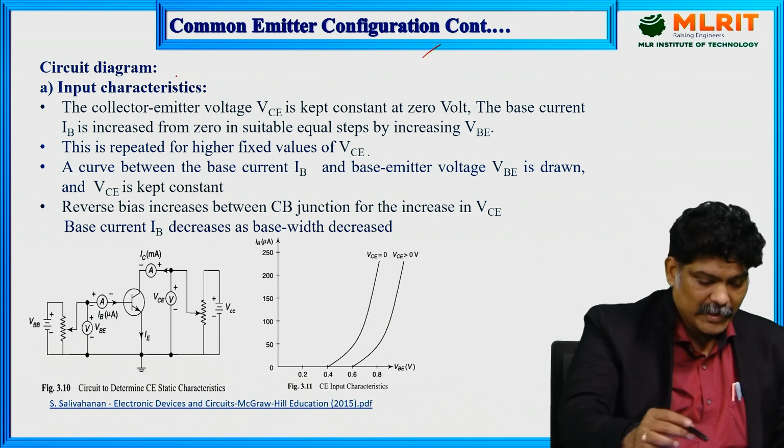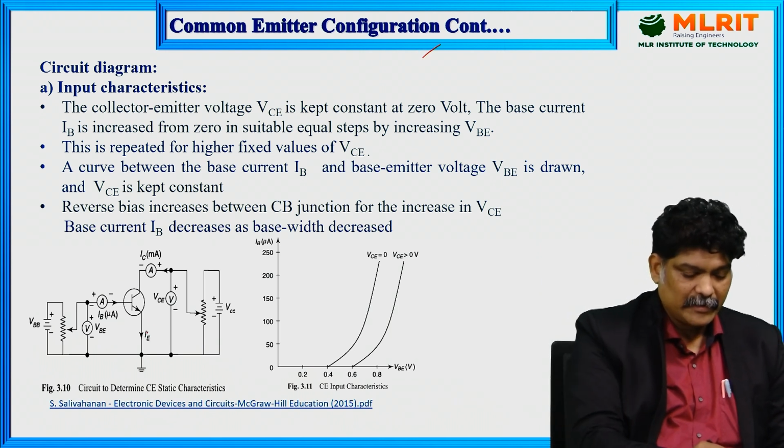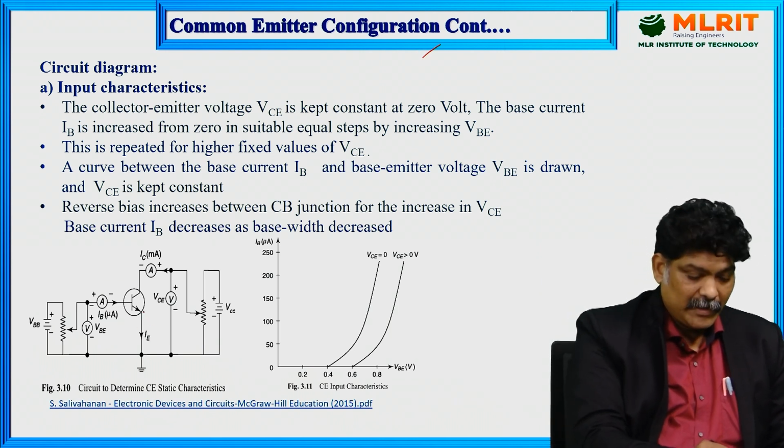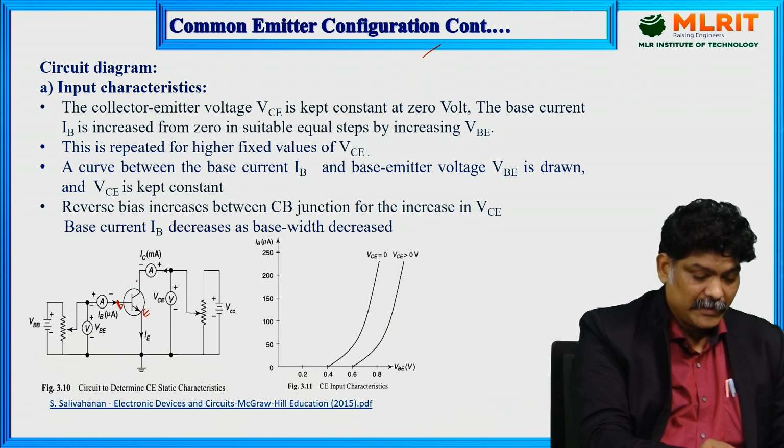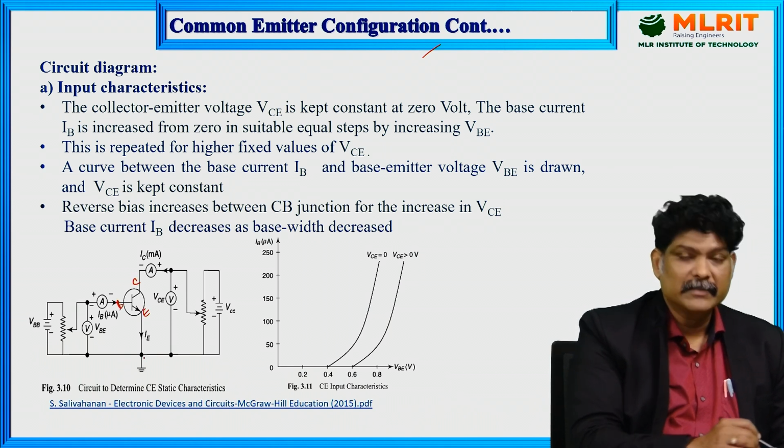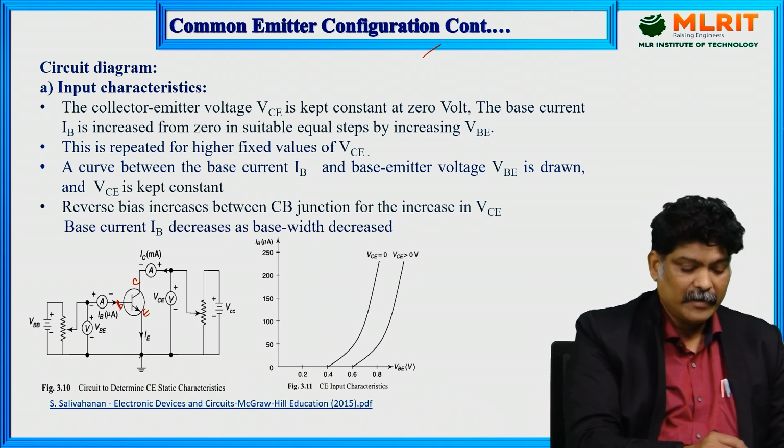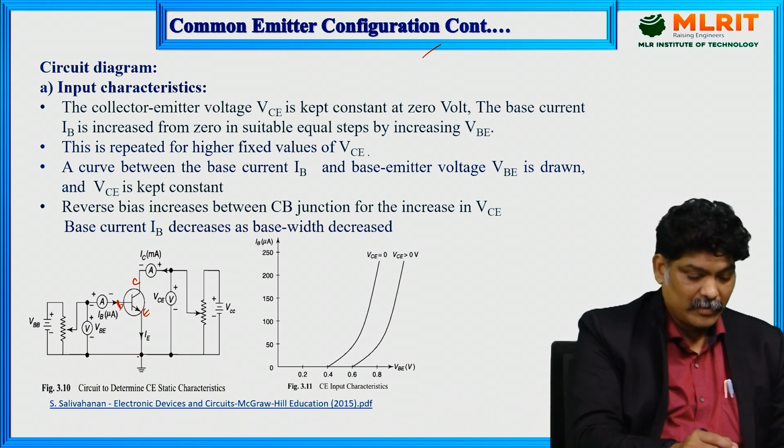Now the circuit diagram. This is the emitter, base, and collector. The emitter terminal is grounded here, hence it is the common emitter configuration.